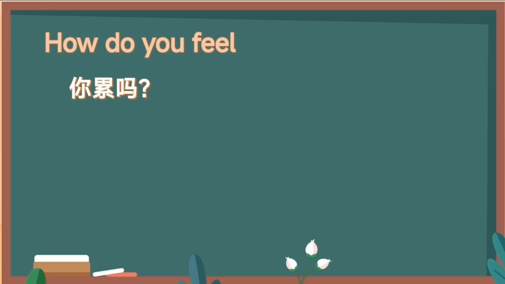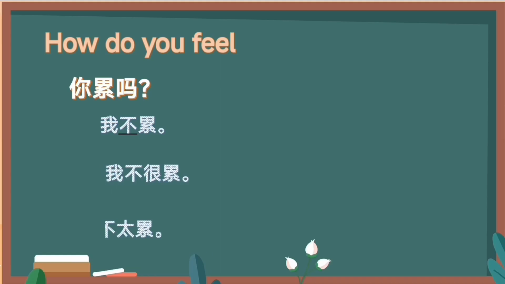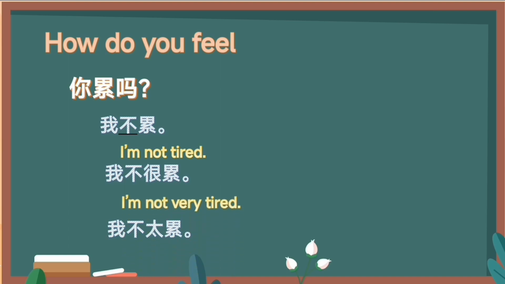For example, 你累吗？我不累。我不很累。我不太累。But pay attention, if we put 不 before the adjective, it is completely negative, meaning I'm not tired. 我不累。If we put 不 before the adverb, it means not very.